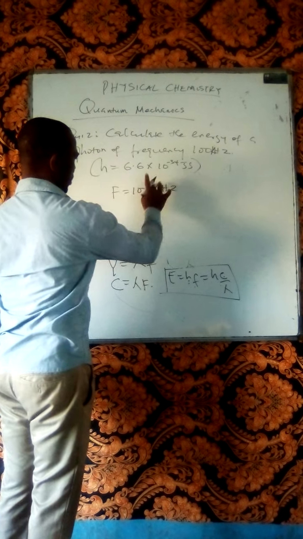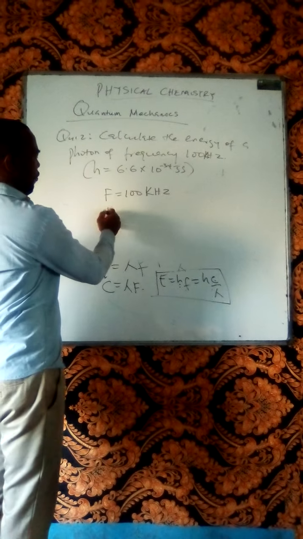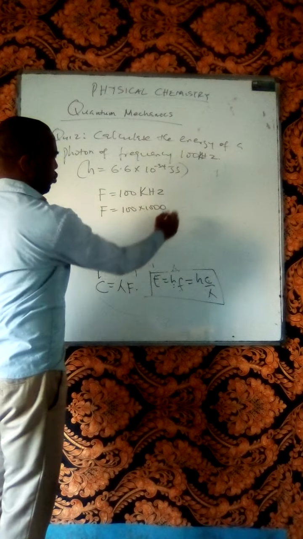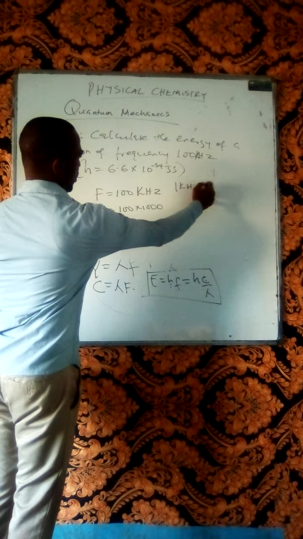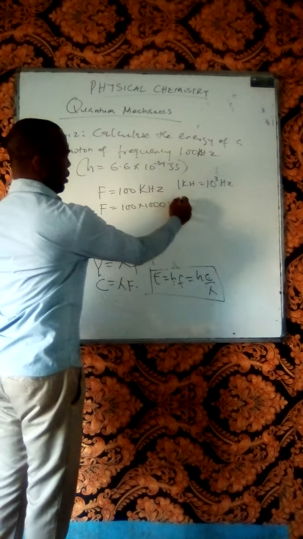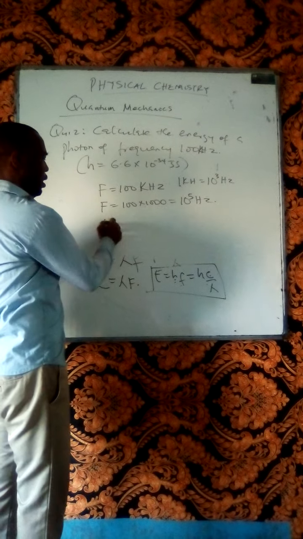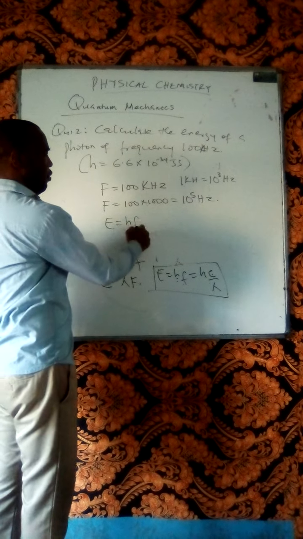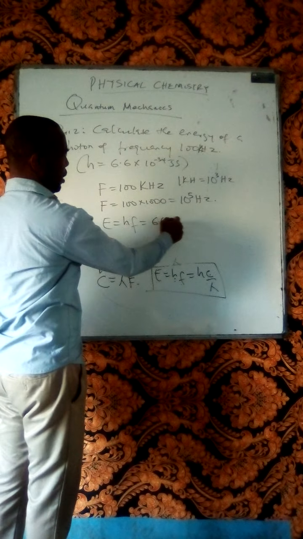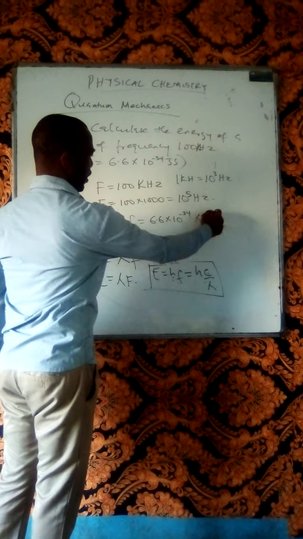Kilohertz is not a standard unit of frequency. Frequency is in hertz. We convert to hertz by multiplying by 1000, because 1 kilohertz is equal to 1000 hertz. So that gives you 10 to the power 5 hertz. So applying E equal to hf, we now use h as 6.6 times 10 to the power minus 34 times frequency as 10 to the power 5.